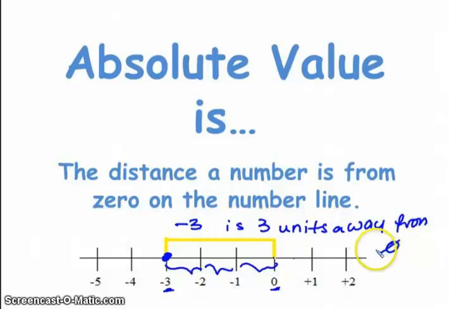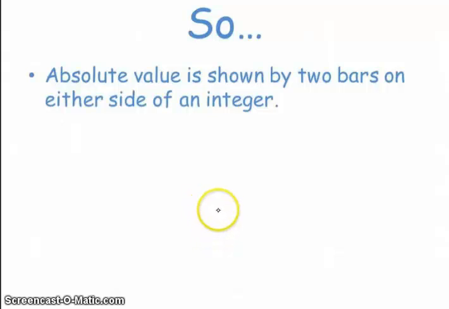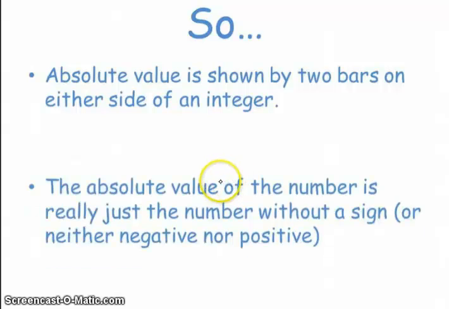And that is called the absolute value. So the absolute value of -3 will actually be +3. So how do we represent this? We know math is all about symbols, so we don't have time to write absolute value all the time.